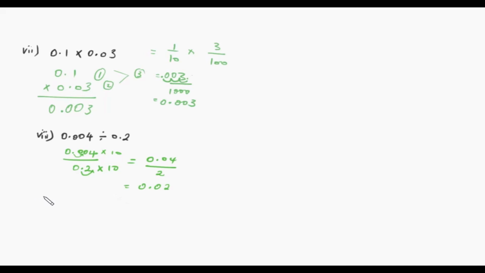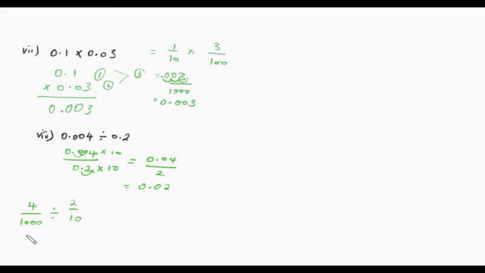Or you might as well say, okay, I'm writing this as a fraction. It becomes 4 over 1000, divided by, this as a fraction becomes 2 over 10. Now you divide a fraction by a fraction.